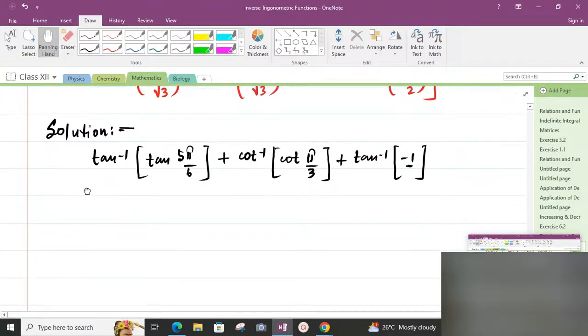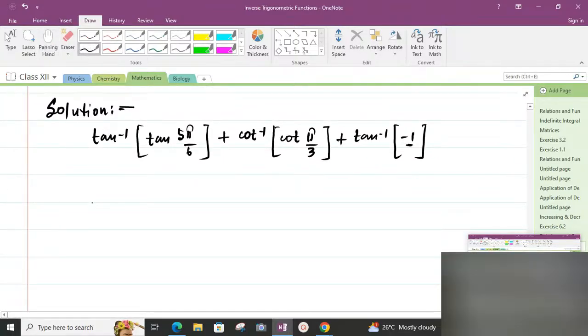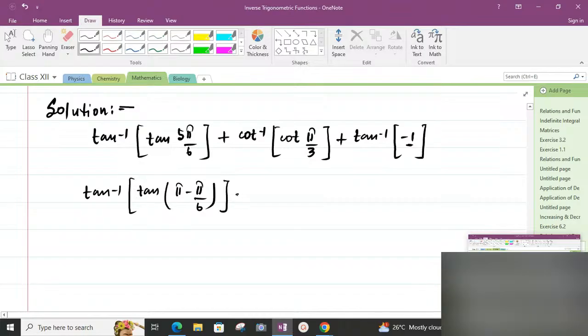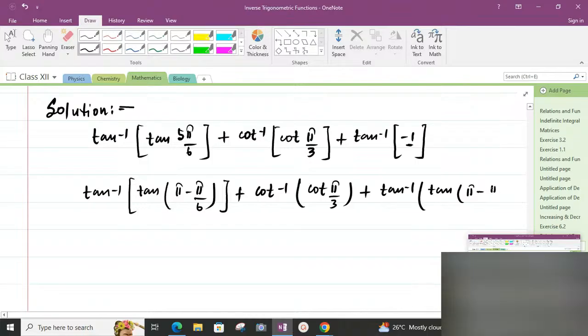So the next step here will be what? Tan inverse, and we write here tan pi minus pi by 6, plus cot inverse cot pi by 3, plus we write here tan inverse tan pi minus pi by 4.